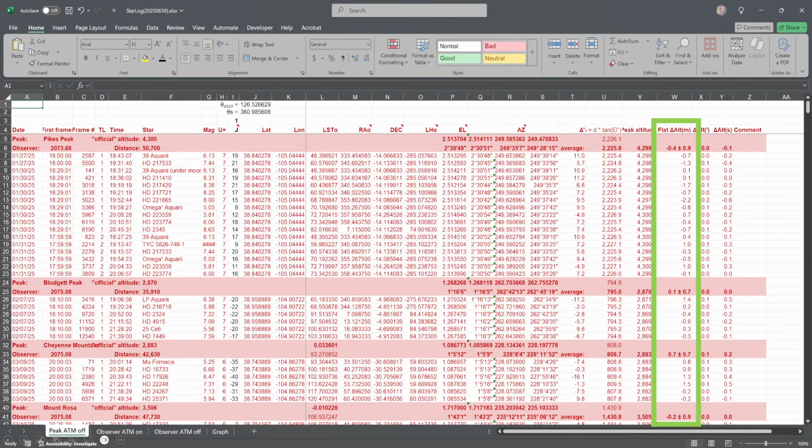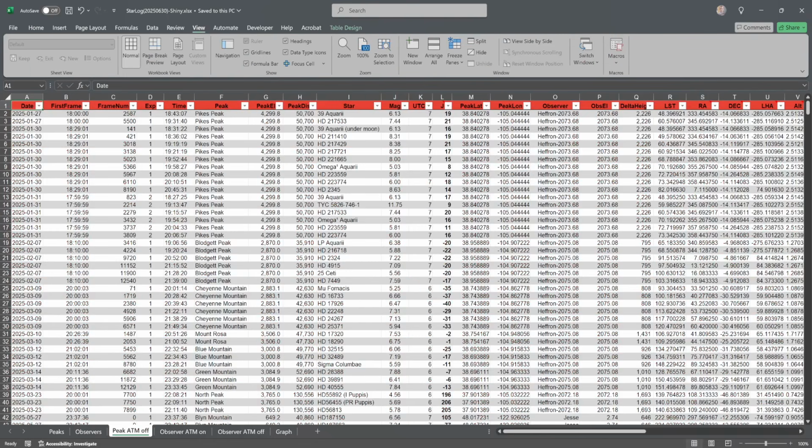And the other thing to notice is the J value in this column here. That's what we're going to look at shortly. So what I did is make it all nice and shiny. I added two new sheets down the bottom left called Peaks and Observers, just so we're not doubling up on so much data. I named all the columns.